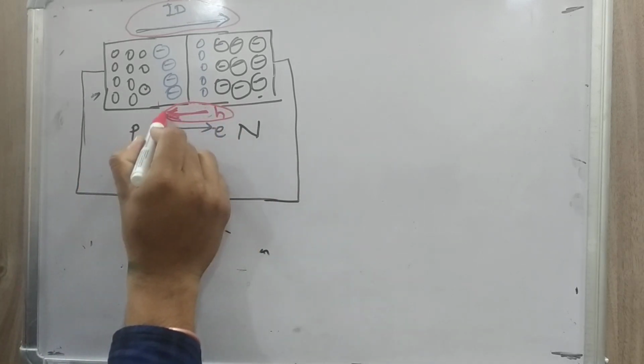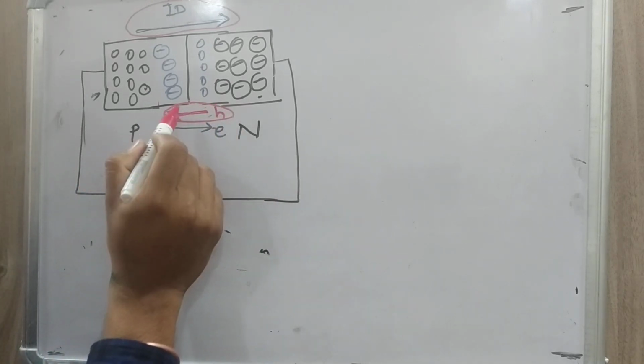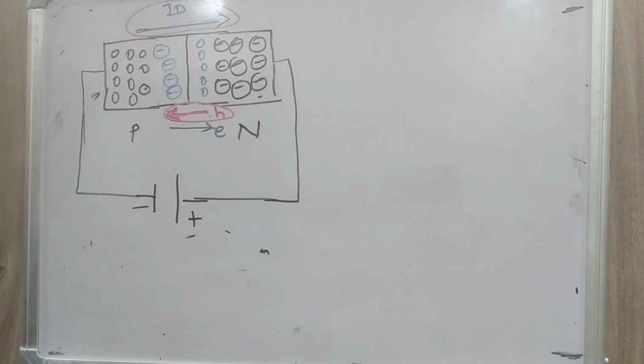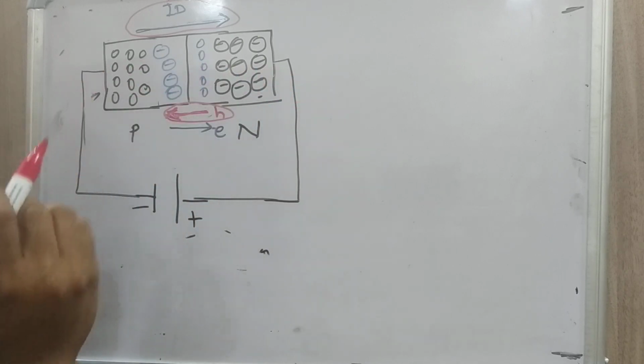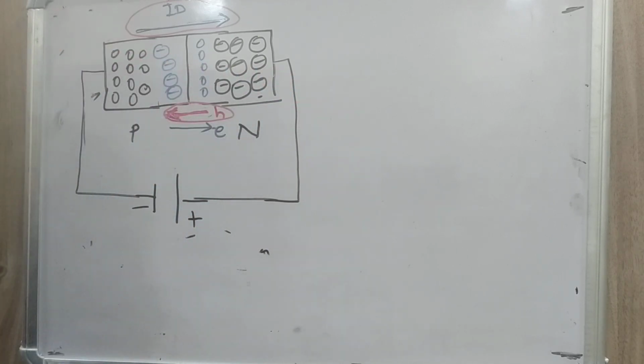But now the conventional current direction has to be like this to move the trapped charges. So positive holes are trapped inside the N type and electrons are trapped inside the P type. These are trapped charges, and they have to move back to their original place.